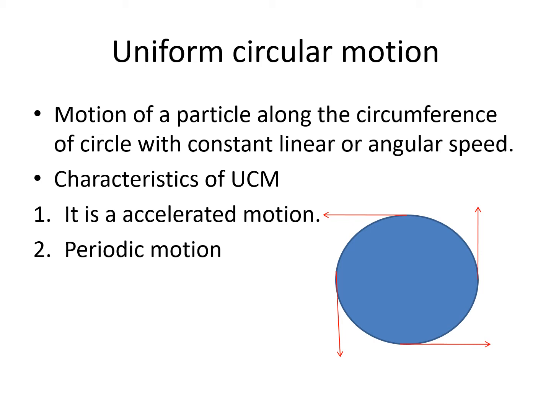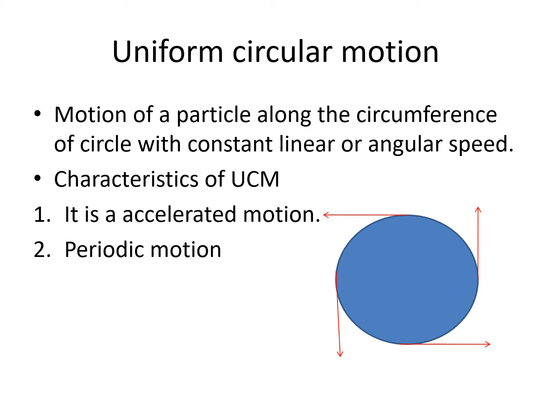When the particle is moving in a circular path with a constant angular speed omega, that means its linear speed is also constant, but the direction of the linear velocity is changing from point to point. According to the definition of a vector, if the magnitude remains constant and direction changes, or direction remains constant and magnitude changes, or both change, the motion becomes an accelerated motion.